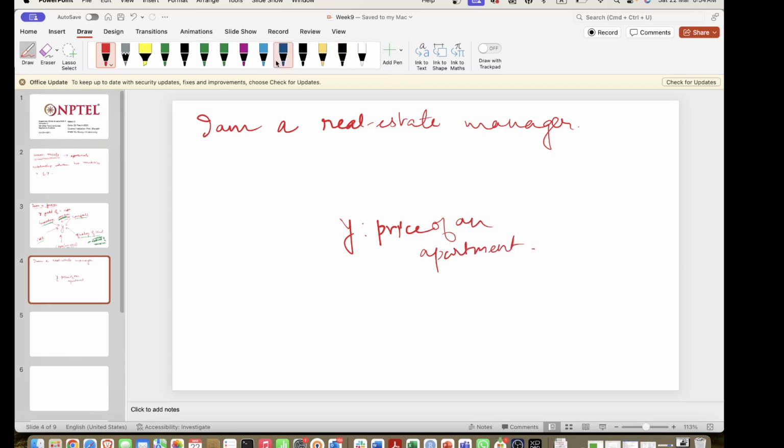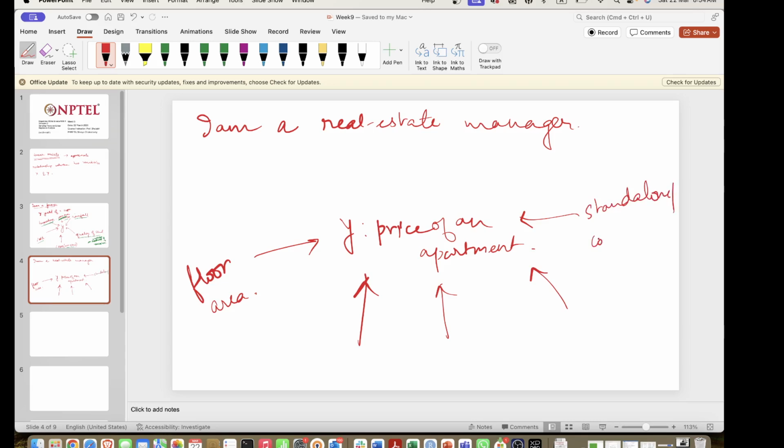Okay, so again, this one can be affected by several factors. I know the price of an apartment will definitely depend on floor area, how big the flat is. It will depend on whether it is standalone or in some complex.